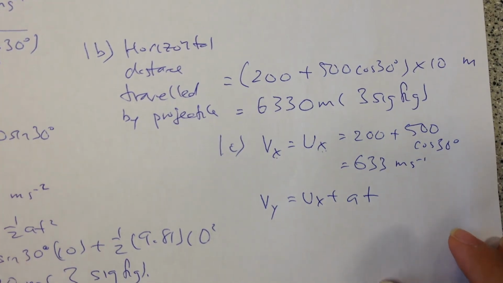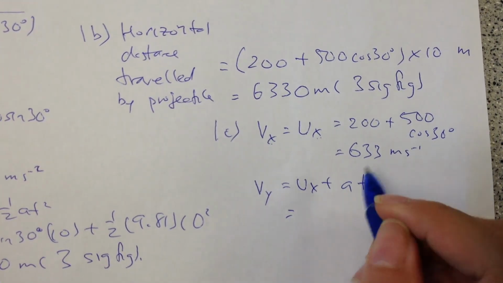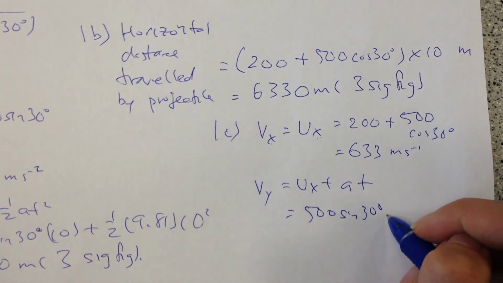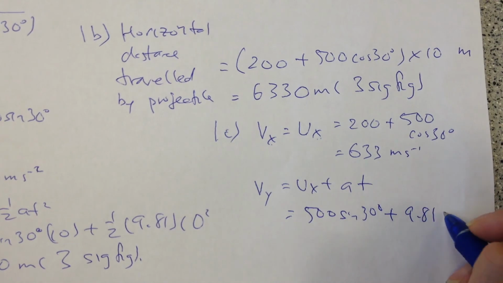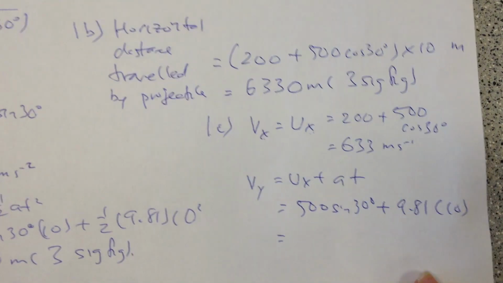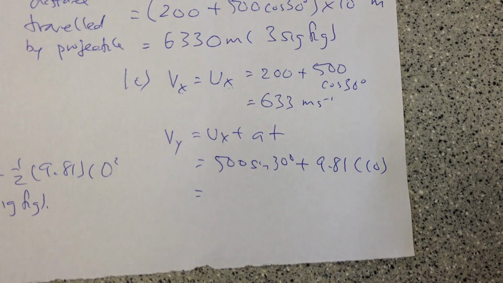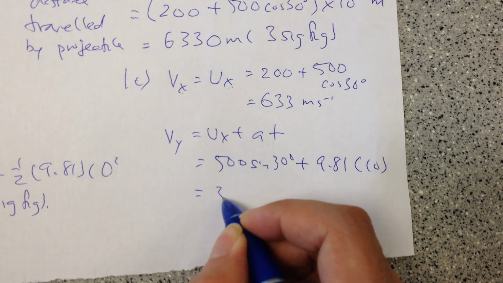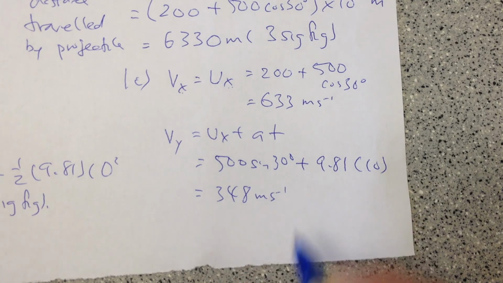That's equal to, now u_y is equal to 500 sine 30 degrees plus at, 9.81 times 10. That's equal to 348. So there you go.